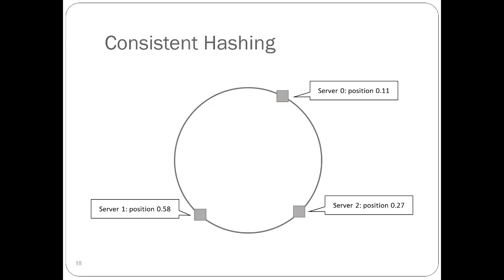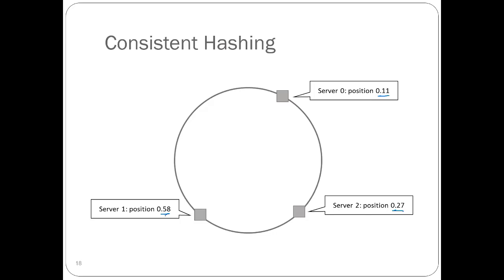Now, look at their values. For server 0, it is 0.11. Server 2, 0.27. Consistent hashing: there is a hash function which is helping us in positioning these servers.